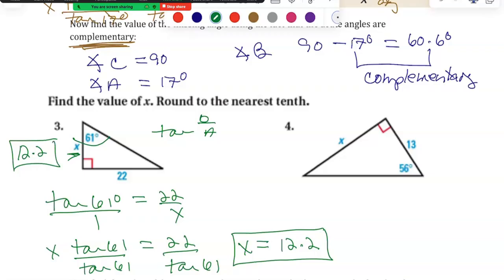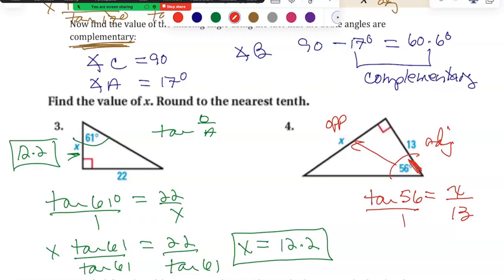Okay, let's do the next one. Here's your angle. This is opposite. That is adjacent. The tan of 56 equals opposite over adjacent. One-step problem. 13 times the tan of 56.